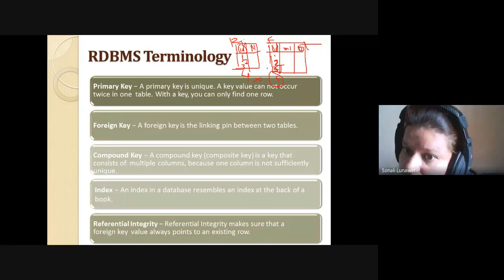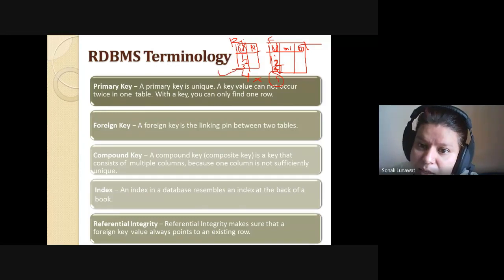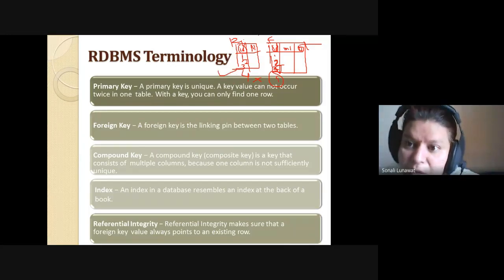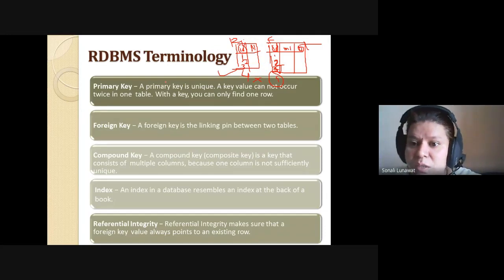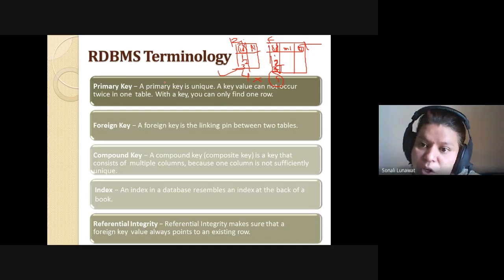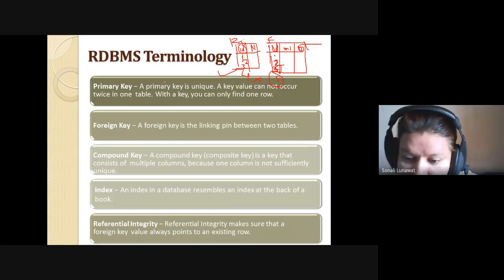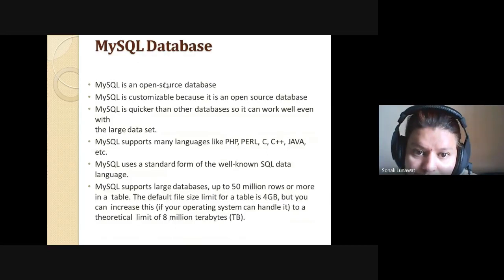But if it is not in the primary and you are adding it in the foreign key, then it is not going to work. This is called referential integrity, meaning a primary key is referred to by a foreign key, and this reference has to follow some integrity, otherwise the referential integrity rule breaks. So referential integrity makes sure that the foreign key value always points to an existing row.